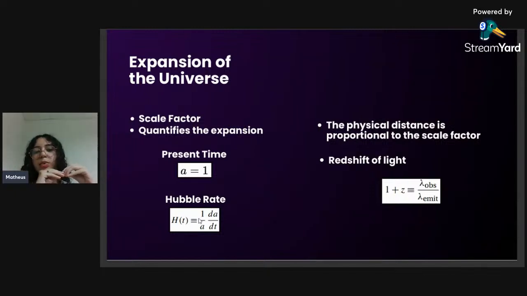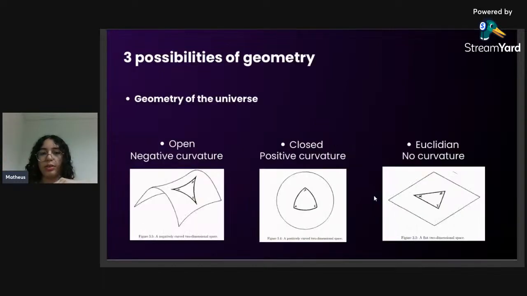Mathematically, we can explain this effect with this equation here, where z is the redshift, lambda observed is the wavelength that we observe from this galaxy, and this other lambda is the wavelength that the galaxy emitted. So this is a mathematical way of trying to quantify the redshift effect.